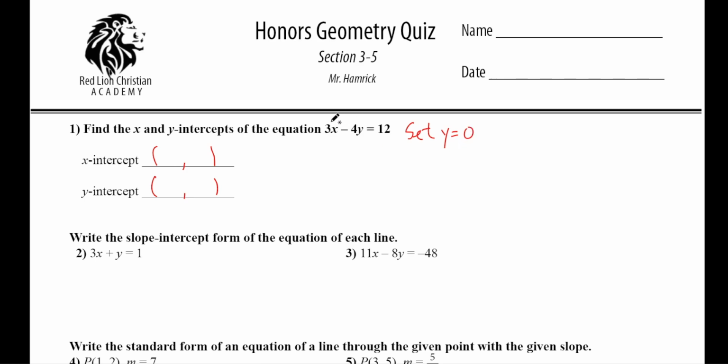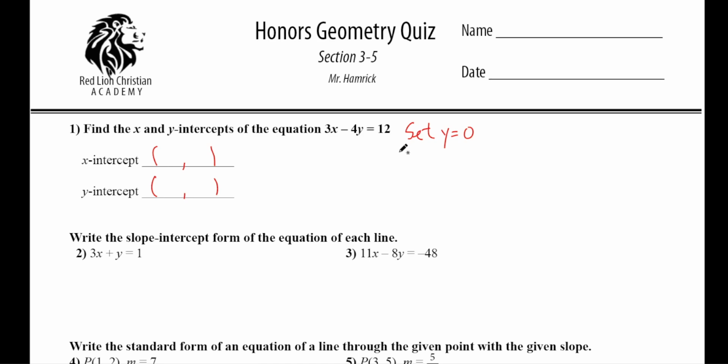What does that mean? That means you're taking this thing right here. That's what you're setting y equal to 0. So wherever you see a y, what are you going to make it? A 0. That's right. So we're going to rewrite this equation, but instead of 4y, it's going to be 4 times 0.